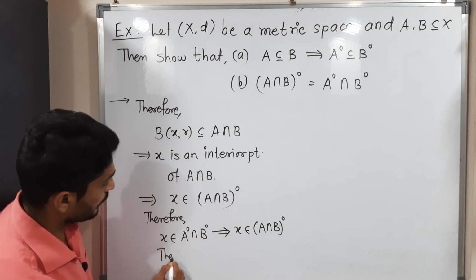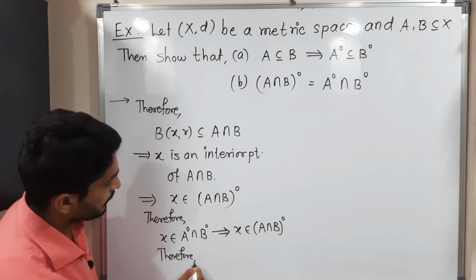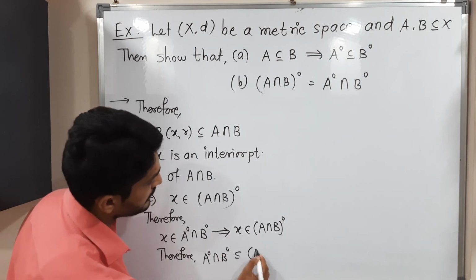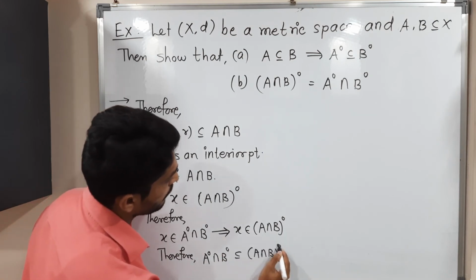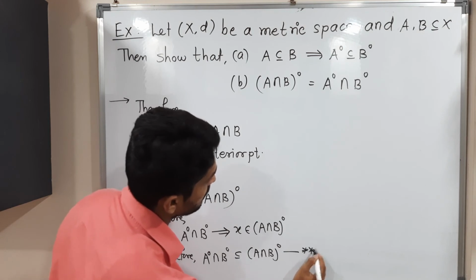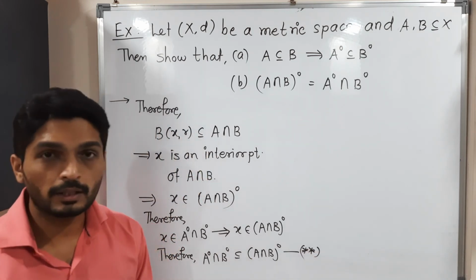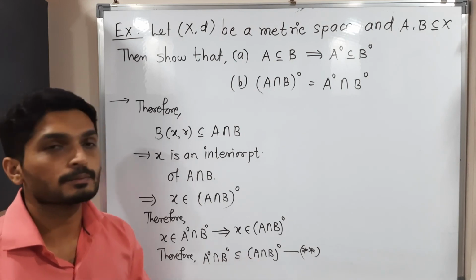So therefore what it means, tell me? That means the first set is a subset of the second set. Okay, equation double star. In star, we have proved this set is a subset of this one, and now we are saying this set is a subset of that one.